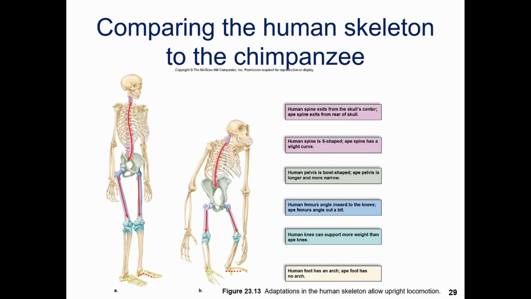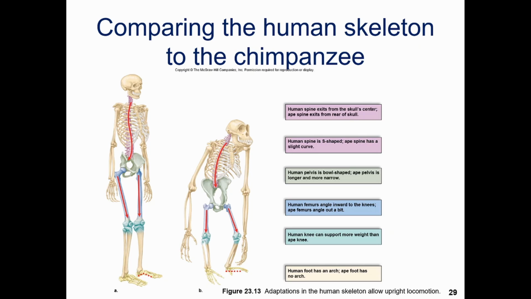So let's talk about us and chimpanzees and find the relationship between us, find the similarities, but also some of the key differences between us and them. If we look at the spine, we both have a spine, but the shape is different. For us, our spine exits the center of our skull, whereas in the ape, it exits from the back.